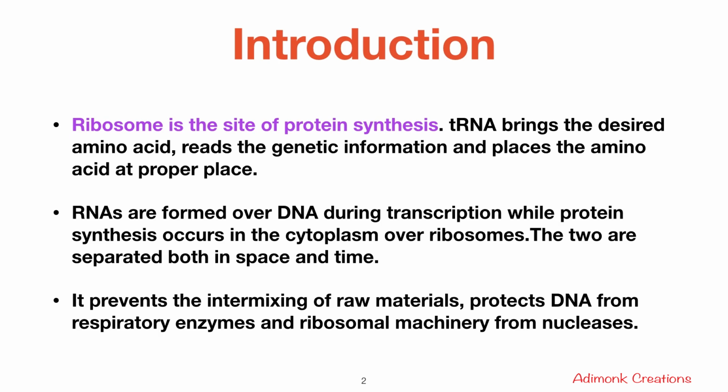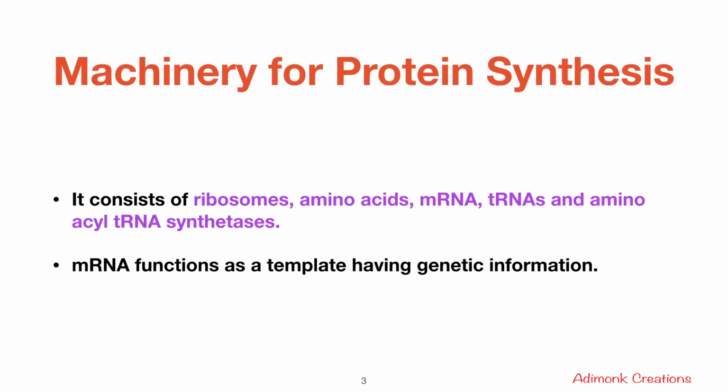Transcription and translation occur in separate space and time because it prevents the intermixing of different raw materials, and it also protects the DNA from respiratory enzymes and ribosomal machinery from different nucleases. Next is machinery for protein synthesis.